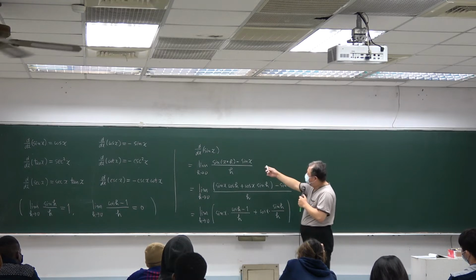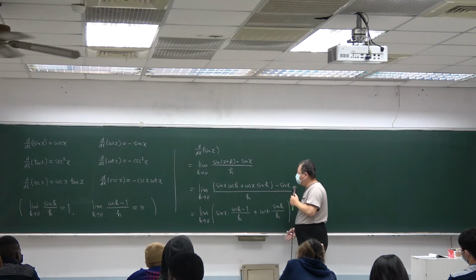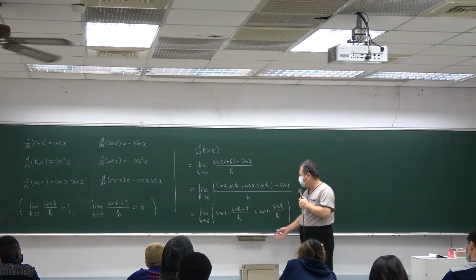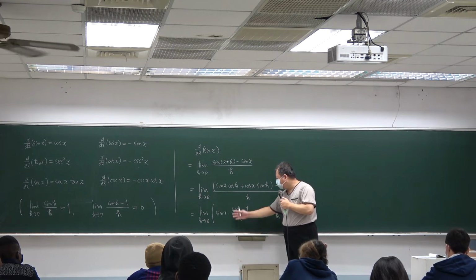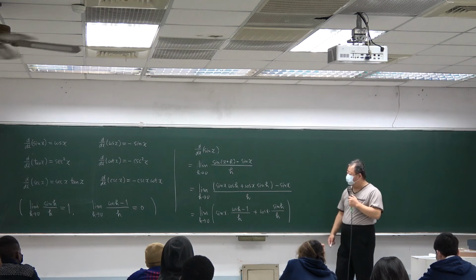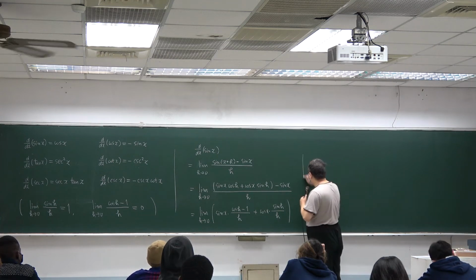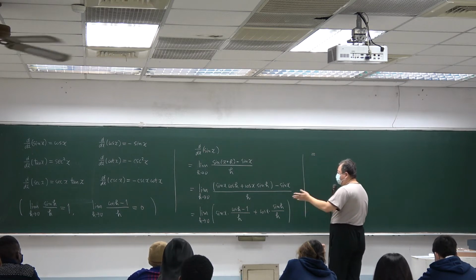So this difference quotient can be expressed by a linear combination of these two expressions. Now we use the two limits just reviewed.